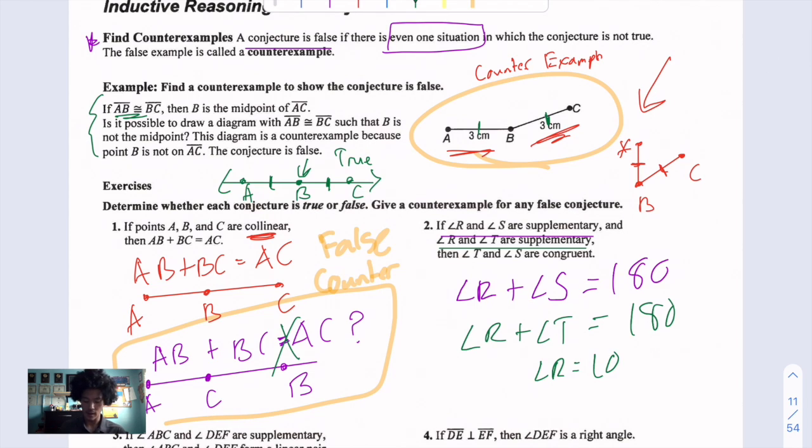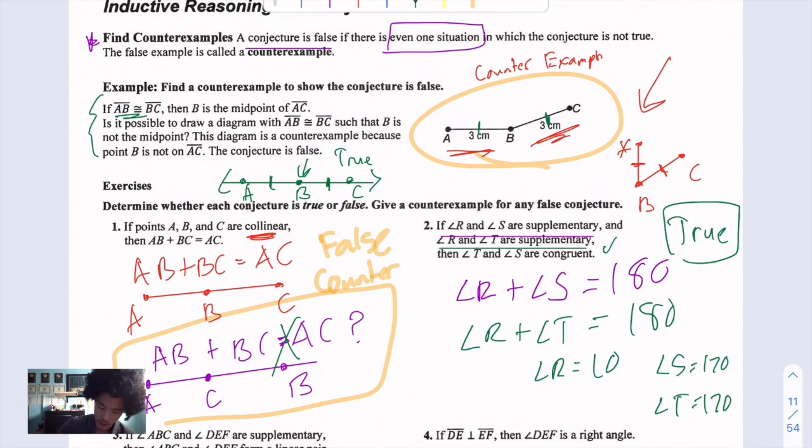If angle R equals 10, what does angle S have to be? 170. Which would then mean angle T also has to be 170. Okay? So is there really going to be a scenario where angle S and T won't be congruent? The answer is no. They're always going to be congruent. So if they're always congruent, you put true.